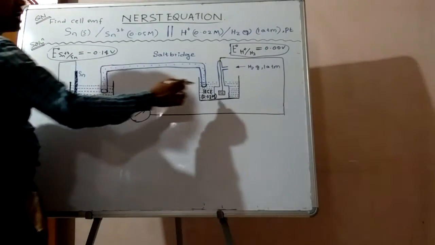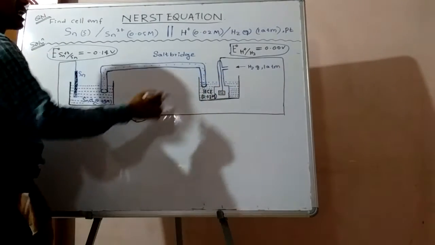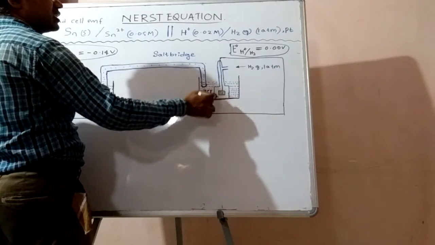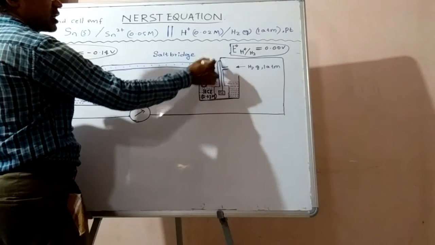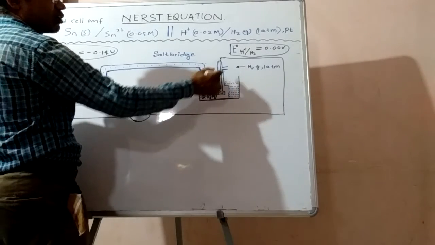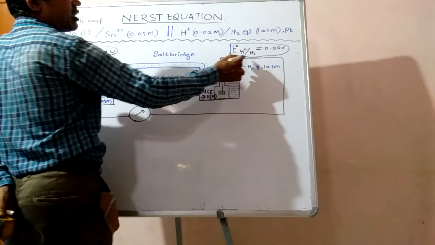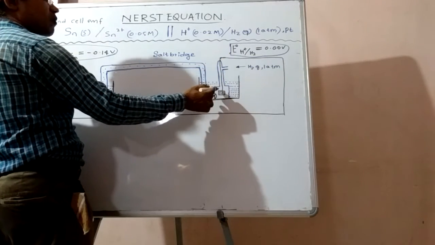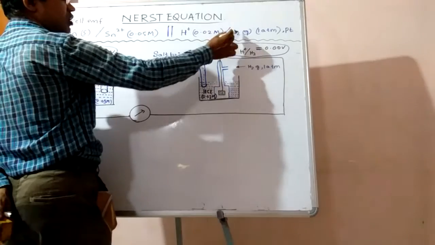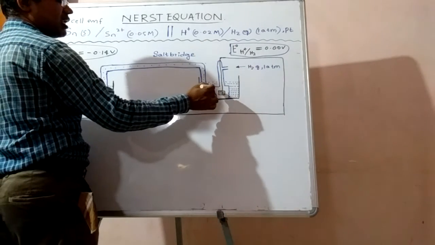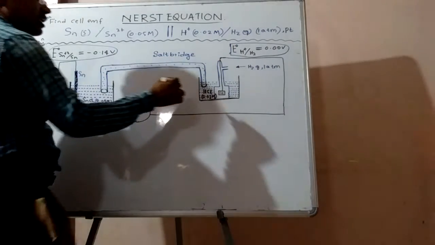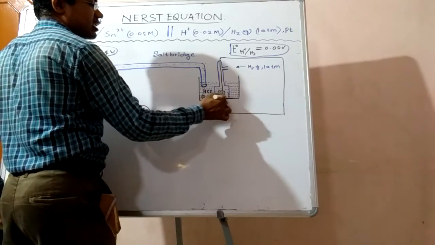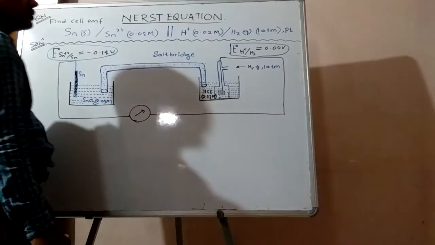This is the representation of the standard hydrogen electrode. This is the platinum wire. As we cannot directly connect hydrogen gas through any wire, we use the platinum wire for the hydrogen electrode. This is the platinum coil, immersed inside the HCl solution.